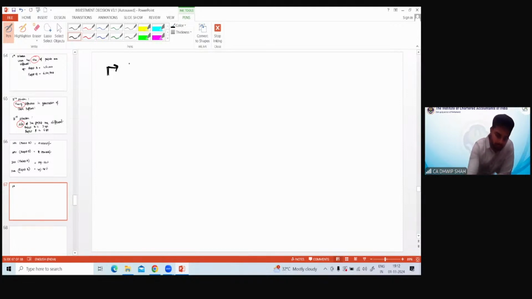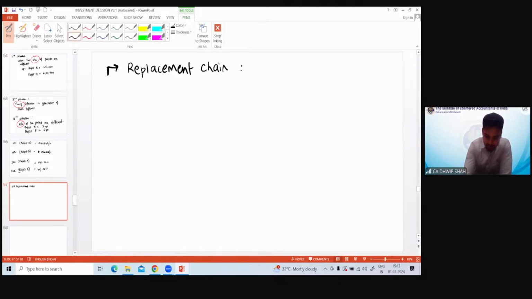So these two methods are, one is the replacement chain method. This is just to bring parity in the life of two projects. These methods are used to bring the life of the two projects to the same level, and then you can make an investment decision.